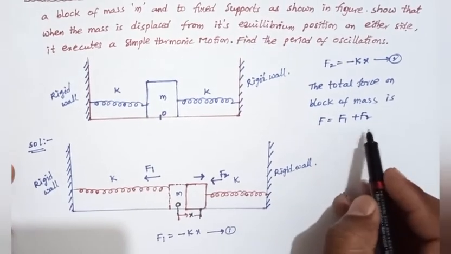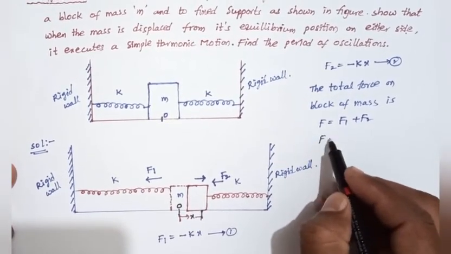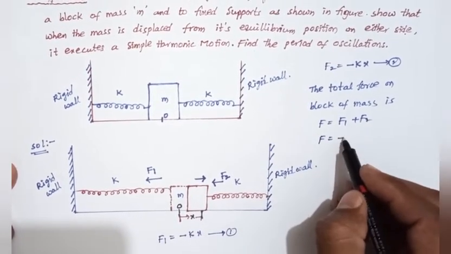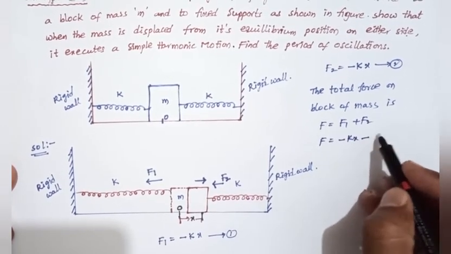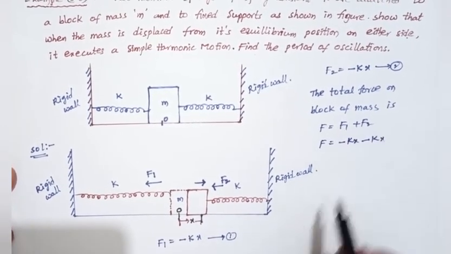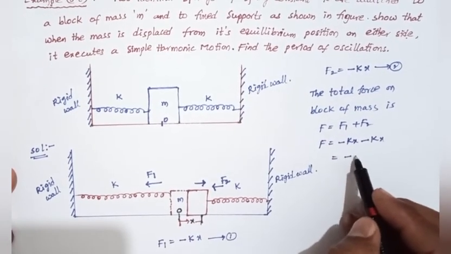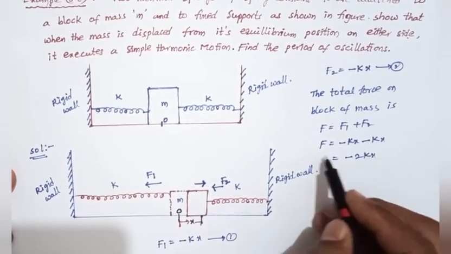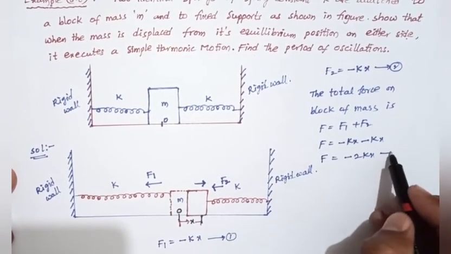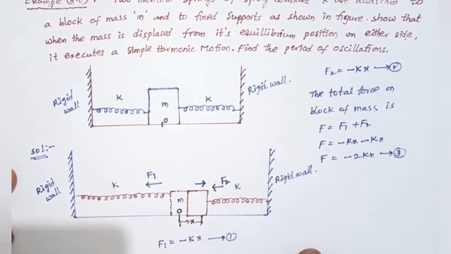So F equals minus kx plus minus kx, that equals minus 2kx. So this is F equals minus 2kx, equation number 3.